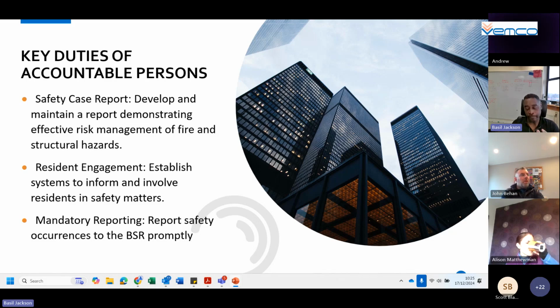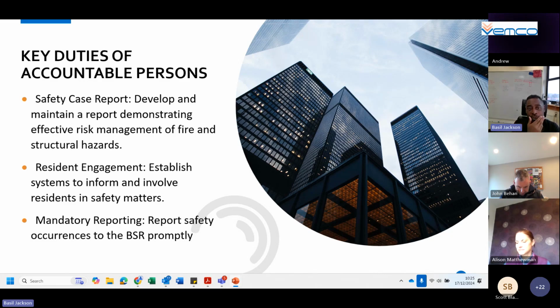I'm hoping you can see the point I'm making. Some things are really too fundamental to miss when submitting a building safety case report. Other things you could have a bit of a narrative around to explain to the building safety regulator: we haven't got it, but there is a plan to get that over the coming weeks or months.